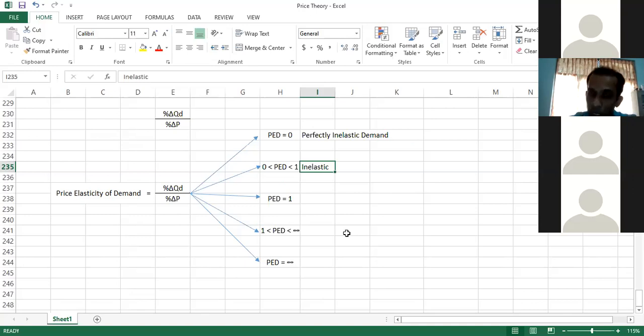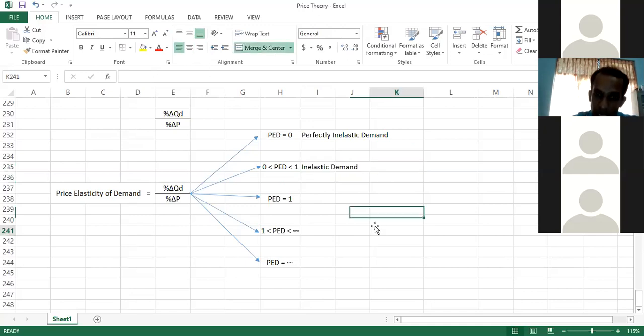When we consider medicine, electricity, water, these we call inelastic products. For that type of products, there is inelastic demand. So that is called inelastic.